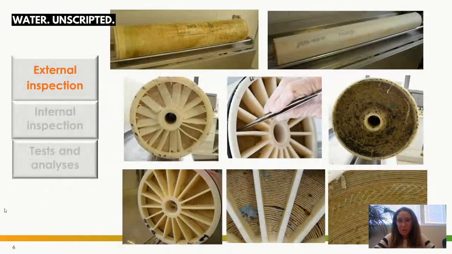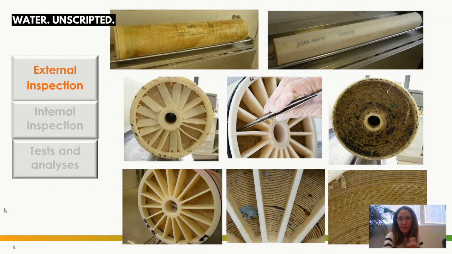External inspection is essential. I mentioned this because in some cases we receive membranes from all over the world, and customers ask to send just membrane samples, membrane coupons. We lose a lot of information.